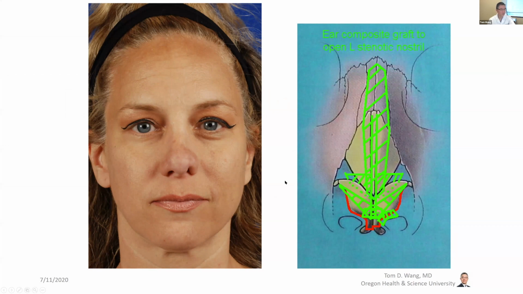And then finally, some diced cartilage in a fibrin glue construct to try to fill in the lateral depression.